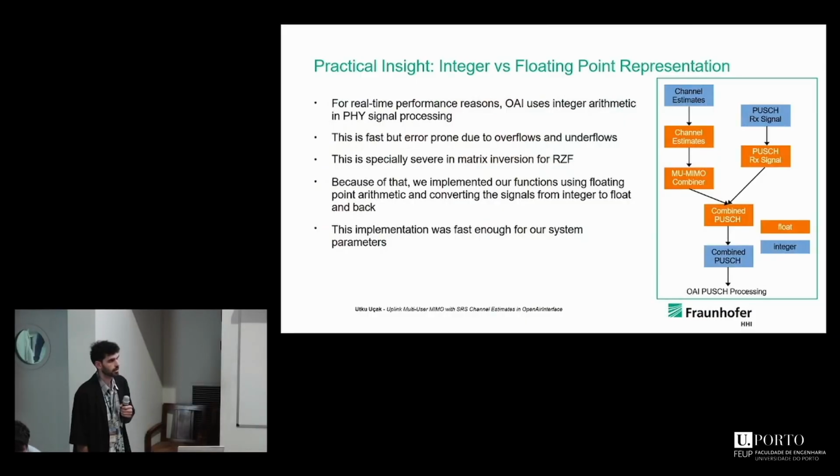I'm curious to know what is the factor of timing difference you get between fixed and floating. I did not measure this. For me, the criterion was whether I would get USRP real-time issues if I run it like this, and with the bandwidth that we tested this was not the case. So this was good enough for me.